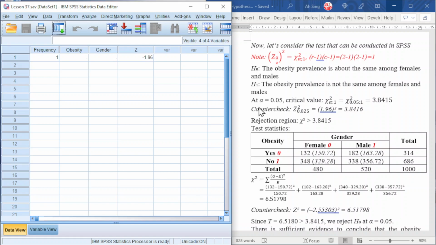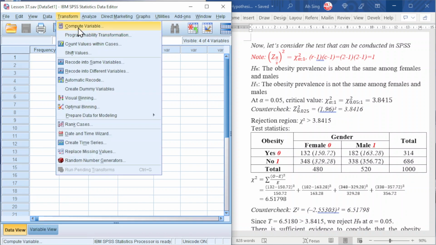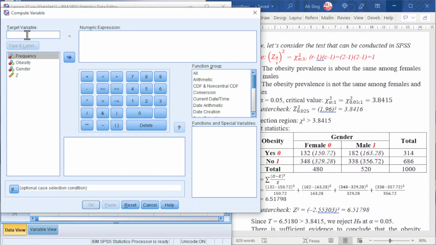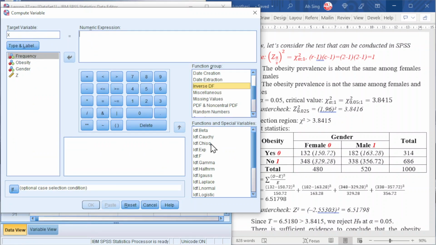Let's try. At alpha equal to 0.05, for the critical value, we have to bear in mind that for the chi-square test of independence, we always take alpha instead of alpha over 2, since chi-square, as the name square suggests, is always non-negative, which means that it is always a right tail test. Make use of SPSS to obtain the critical value. Compute Variable. Target variable, we can type x, and we need the Inverse DF. Look for Chi-square.